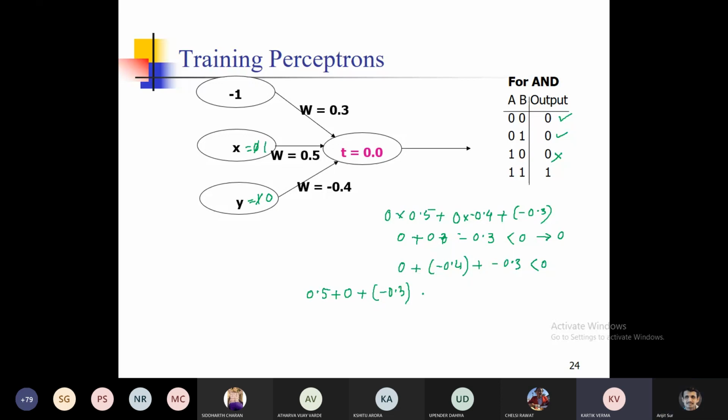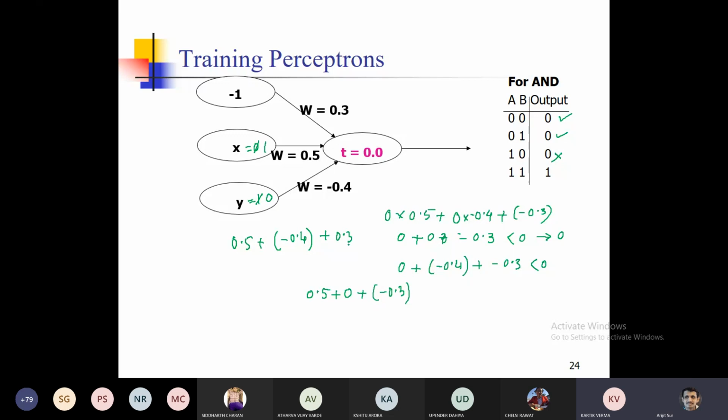And if it is 1, then 0.5. If it is 1, then minus 0.4, and this is plus 0.3.